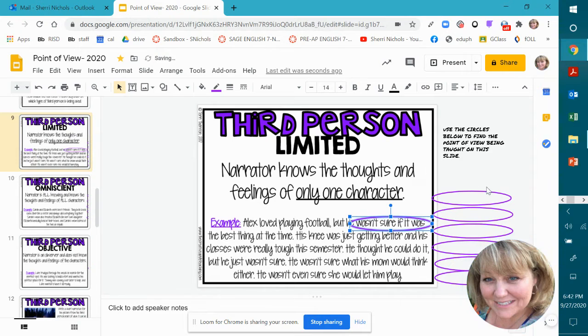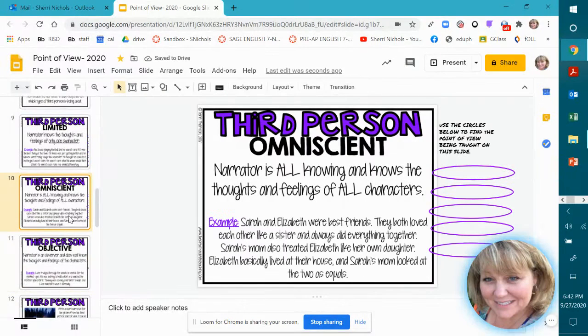So that's an example. There's a lot through here, but really the only person's thoughts we know throughout this would be Alex's thoughts. Then we have what's third person omniscient. In third person omniscient, the narrator is all-knowing and knows the thoughts and feelings of all characters. An example would be: Sarah and Elizabeth were best friends.